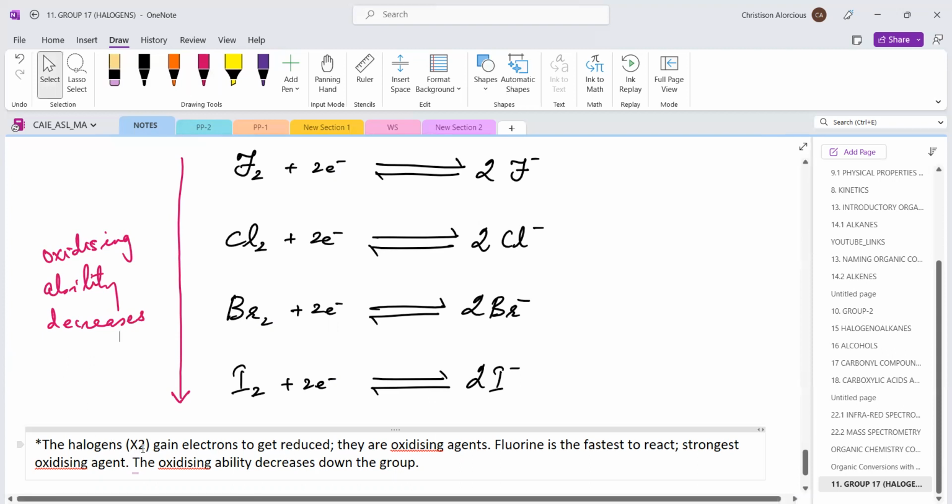The explanation as to why fluorine gains electrons the fastest is there in IGCSE chemistry, where we talk about how the fluorine atom is the smallest. You can also talk about it in terms of your topic 3, chemical bonding, where you talk about how fluorine has got the highest electronegativity.